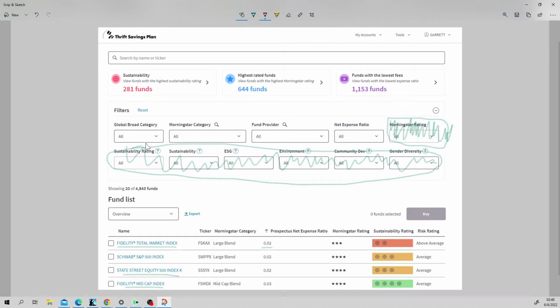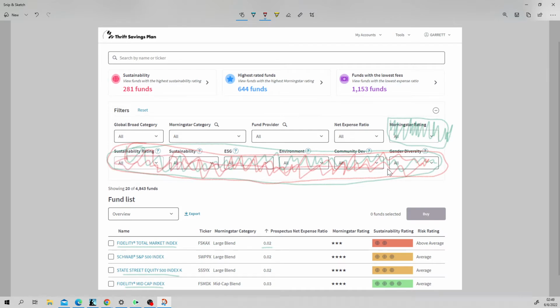So you see this right here, the sustainability rating, sustainability, ESG, environment, community development, gender diversity. I don't care at all about screening mutual funds for their gender diversity.